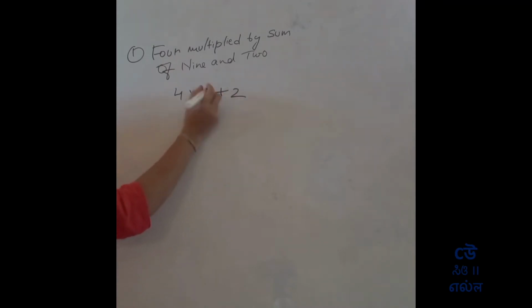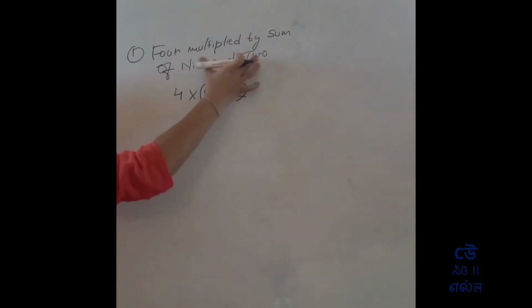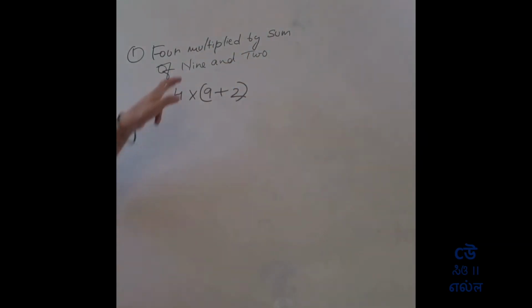This they have given as a single number, so we have to consider it in a bracket. Here they have given 4 multiplied by sum of 9 and 2, so sum of 9 and 2 we have to take in bracket.